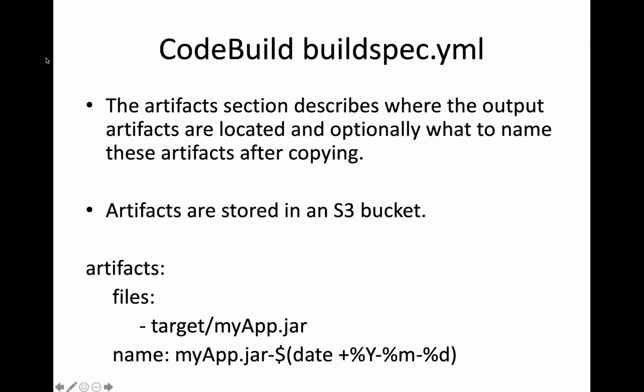And we are actually using a little bit of shell code magic to rename the file. You can see the dollar sign and parentheses, and we're running the date command. When the file is stored in the S3 bucket, it's going to rename that file myapp.jar-, and then a date stamp, which is going to be the year, month, and day.